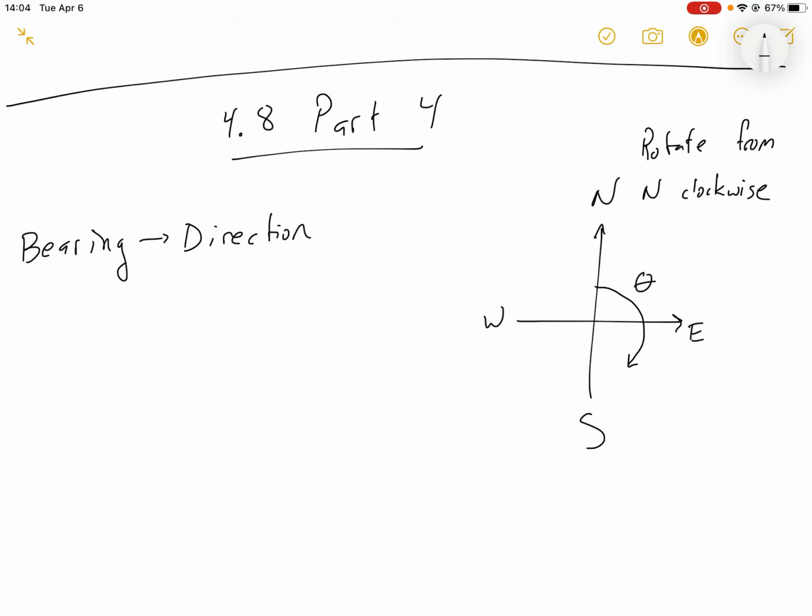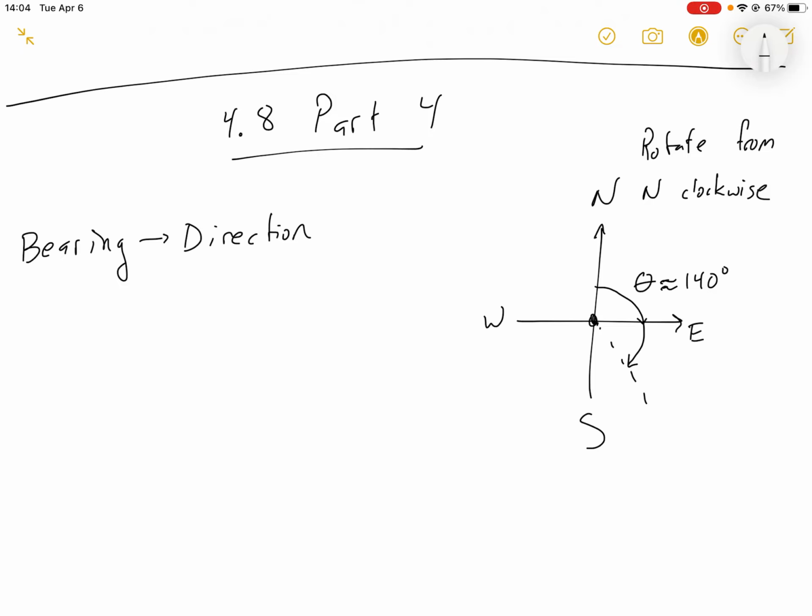So this angle here, theta, I've rotated past 90 degrees, but it's not quite 180, so we could say this is maybe, I don't know, 140 degrees or something like that. So that would be an example of a bearing of 140 degrees.